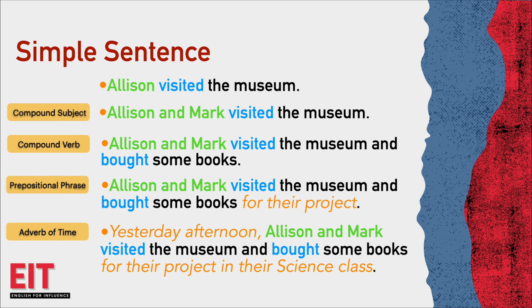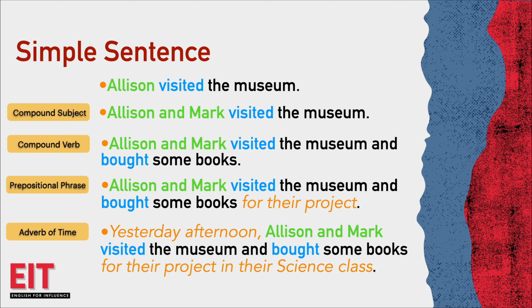Sorry, when did Allison and Mark visit the museum and buy some books for their project? Yesterday afternoon. So I can also include an adverb of time, and also another prepositional phrase, in what subject, in their science class.